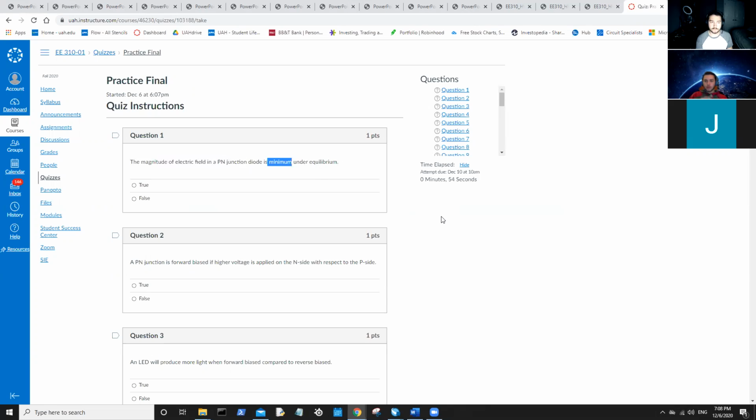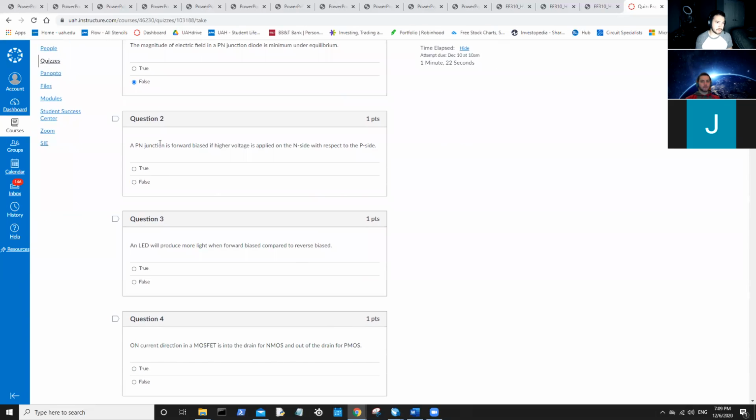But if there's an applied voltage across it in the forward bias direction, it should cause the electric field to go smaller. So I don't think equilibrium is at its minimum. I think it's at a center point because its maximum is during reverse bias. Therefore, its minimum should be during forward bias. Yeah, that's what I remember too. So we would say false here because it's not under forward bias. It's under equilibrium, which is the intermediate state.